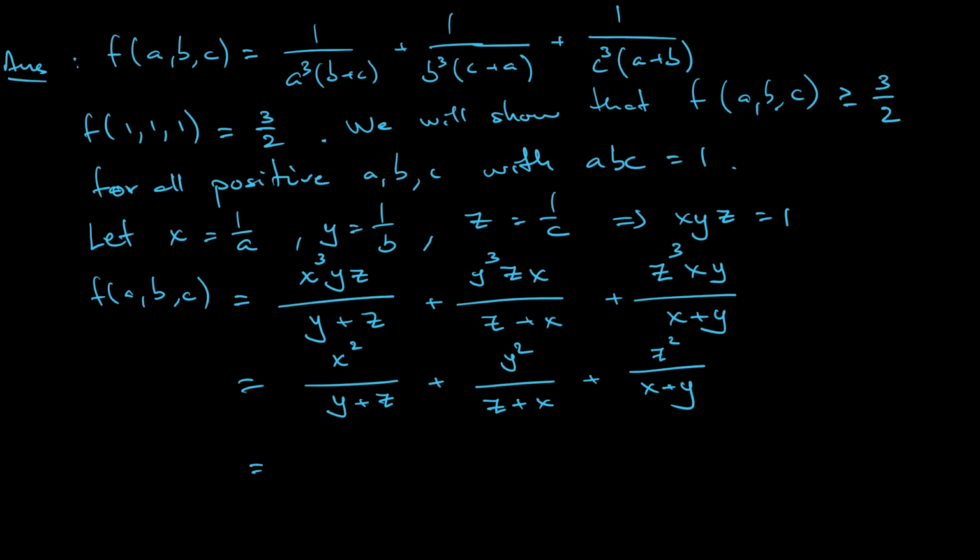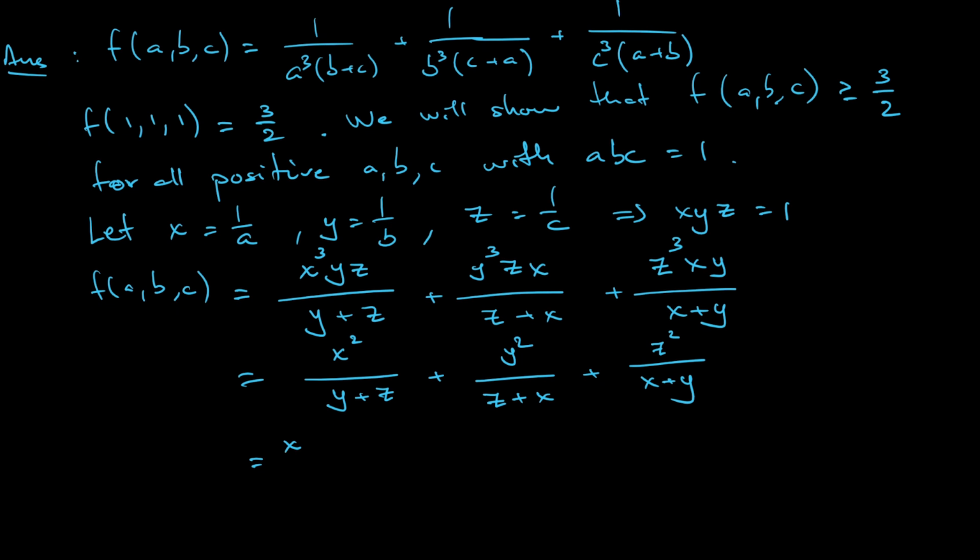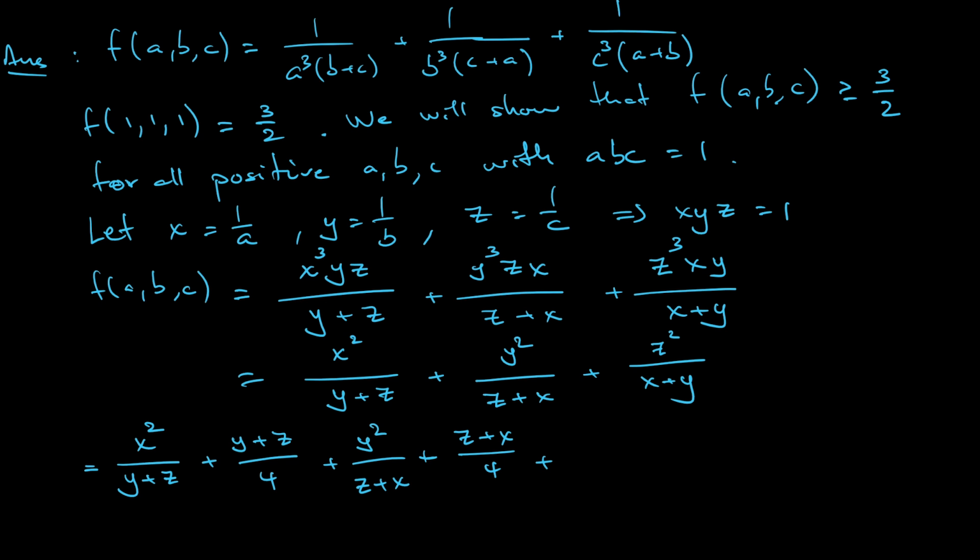This thing can be written further into x squared over, okay, this is gonna be a long expression, so let me write a bit in front, x squared over y plus z. I introduce this term, don't forget to minus it back, and here I introduce this term z plus x over 4, the last one.